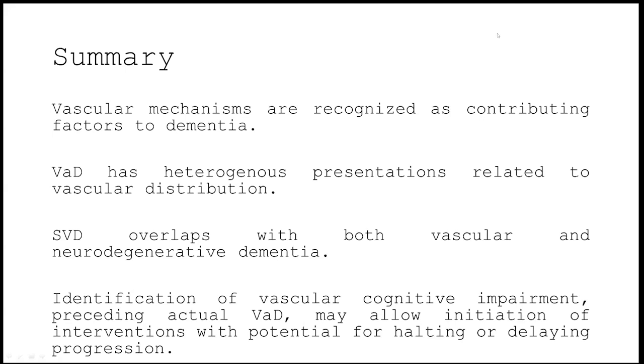It contributes to the vascular decline, despite the fact that there are heterogeneous presentations related to vascular distribution and the underlying spectrum of vascular, ischemic, hemorrhagic, as well as small vessel disease, and the overlap of small vessel disease with other types of dementia and particularly neurodegenerative disorders.